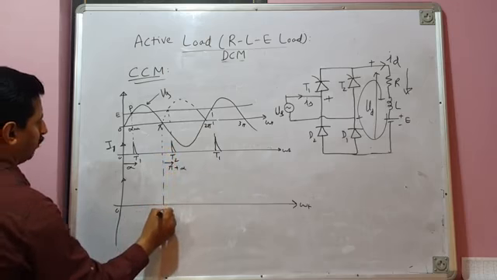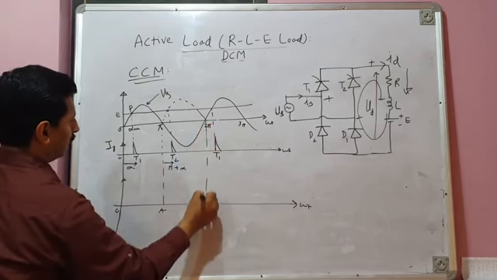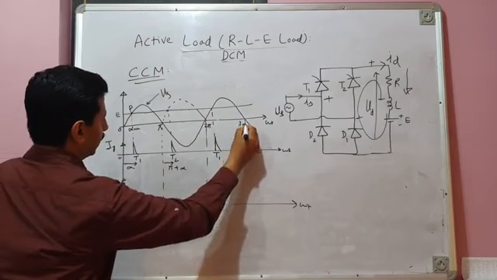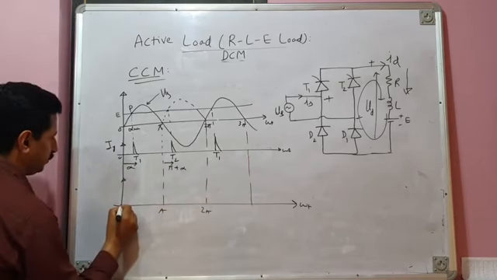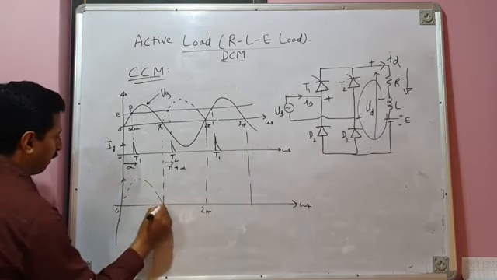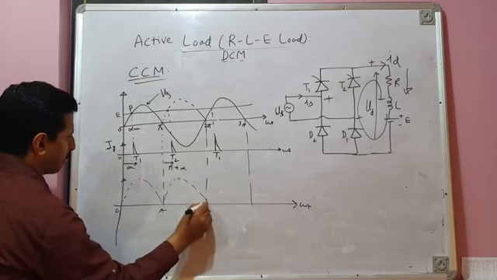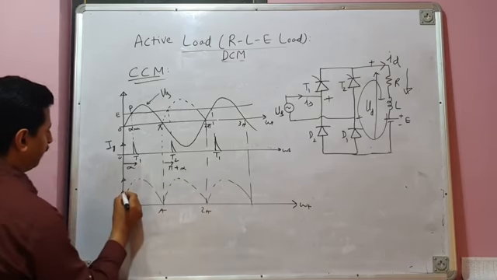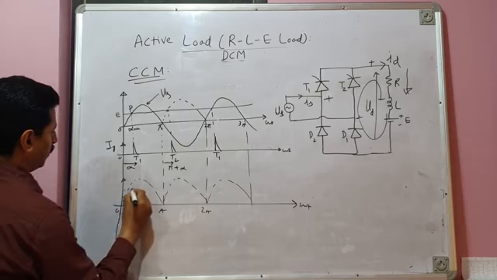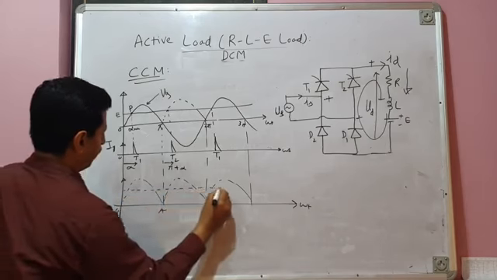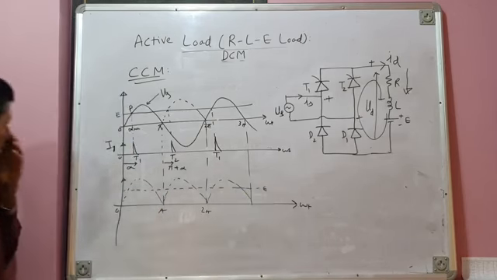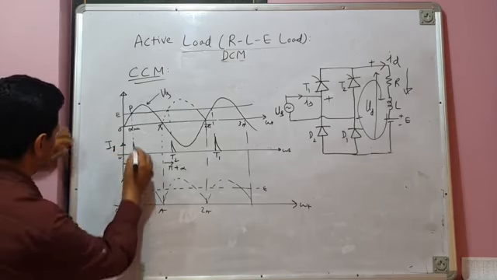Pi, 2 pi, 3 pi, and so on. This is E. Okay, the first firing instant takes place here.